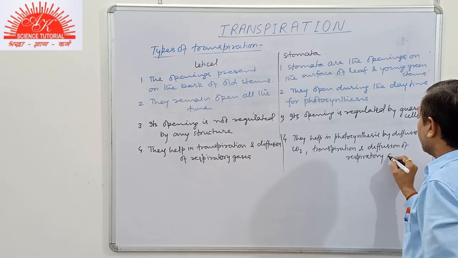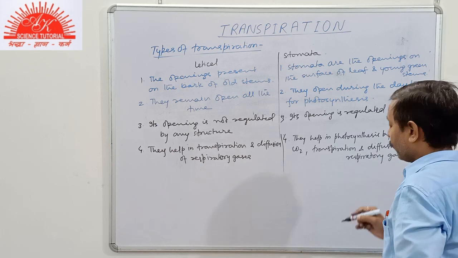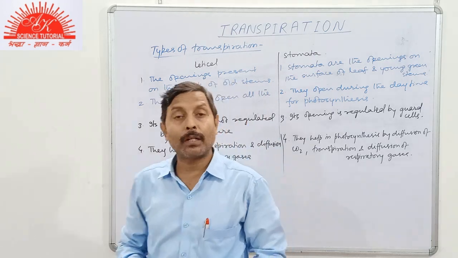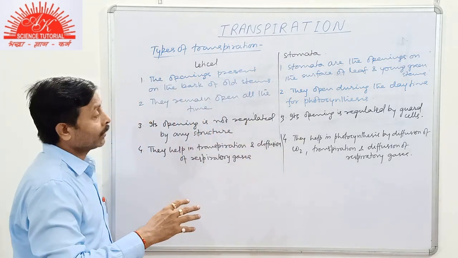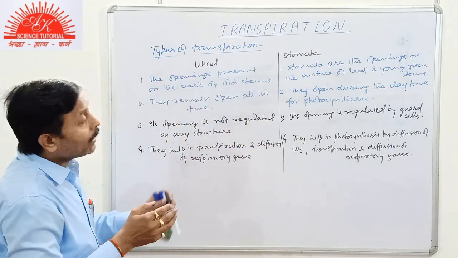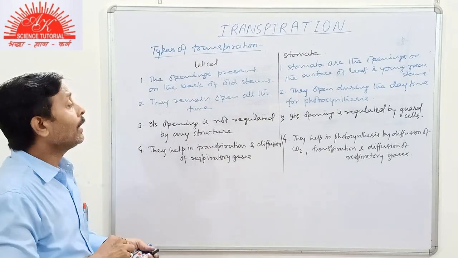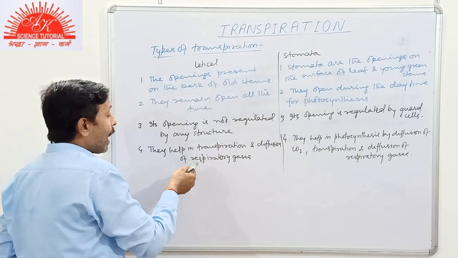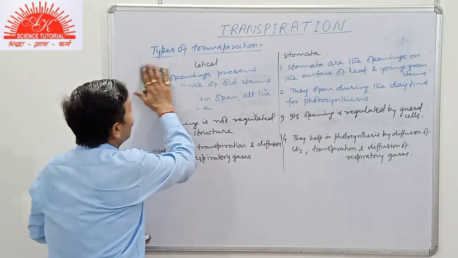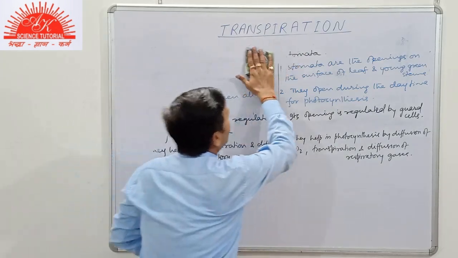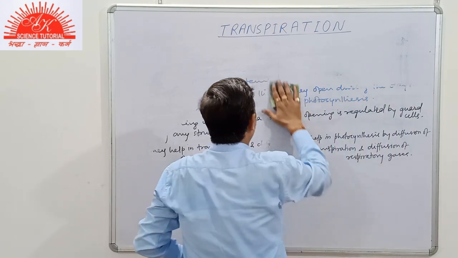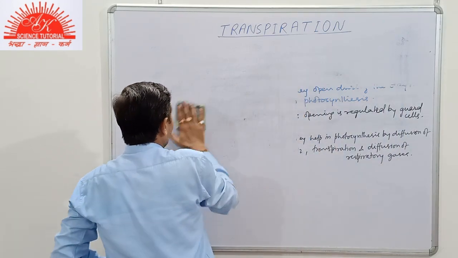Like you see, during the night when photosynthesis does not take place, the oxygen diffuses in through the partially opened stomata and CO2 is diffused out. So these were the differences between lenticels and stomata.